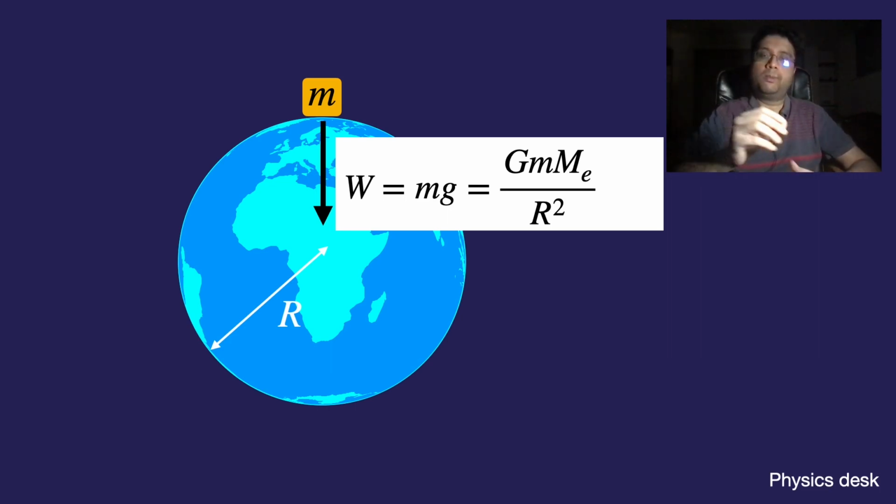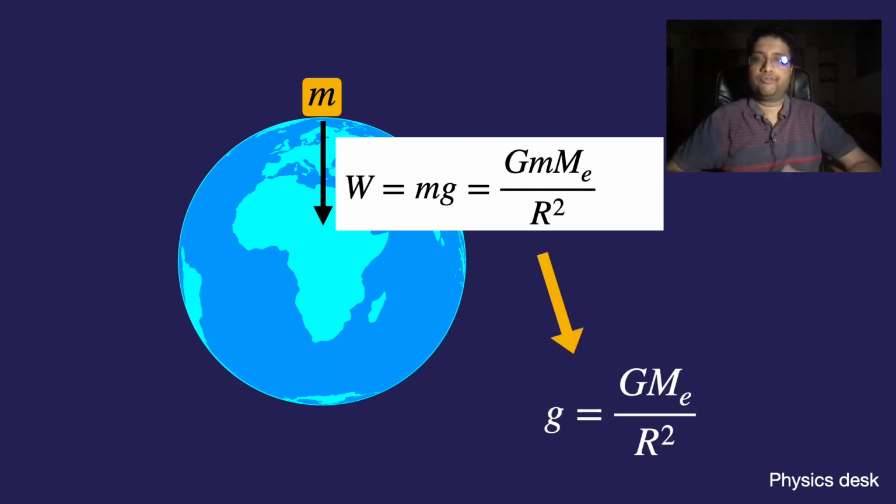But as the small mass m is negligibly small compared to the size of Earth, its size can be neglected. So the distance between the two objects is simply the radius of the Earth, as the object is lying on Earth's surface. From that you get g is equal to G M_e by r squared.